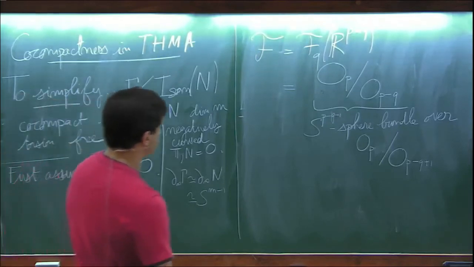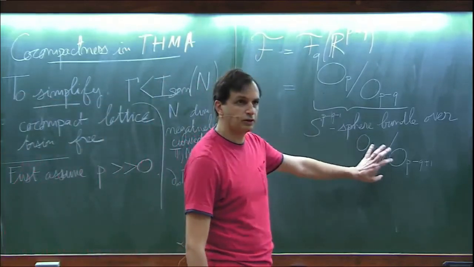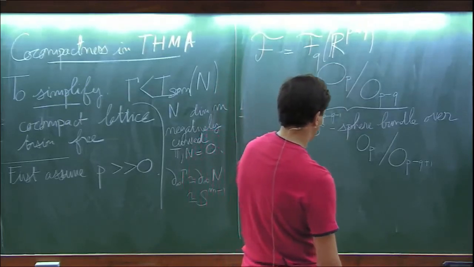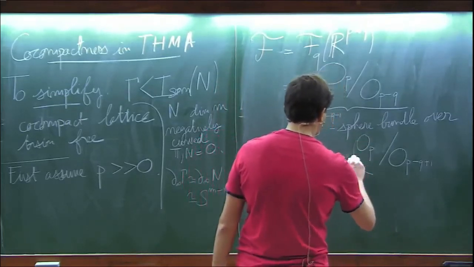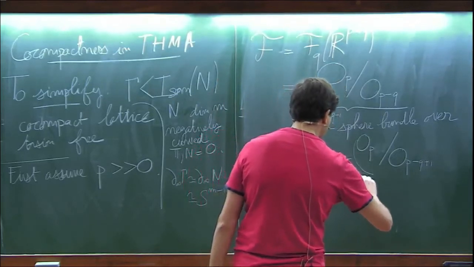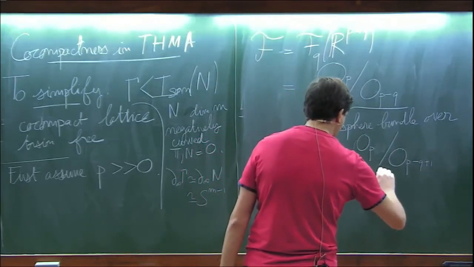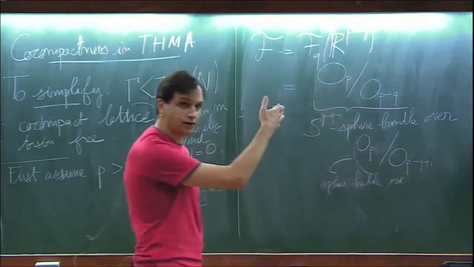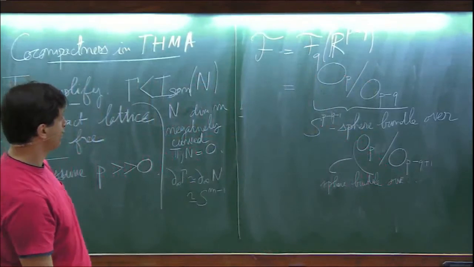Okay, so this is a sphere bundle over something that looks similar. And this is again a sphere bundle over another base, and you can go on like this.